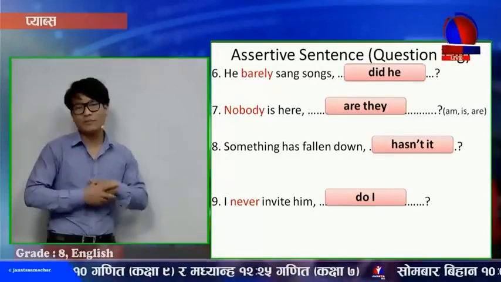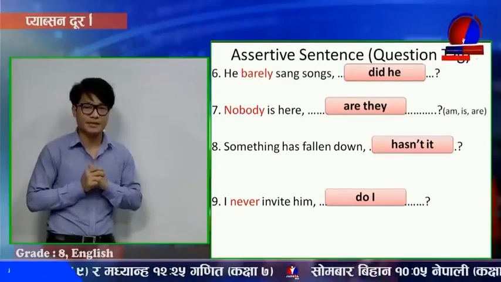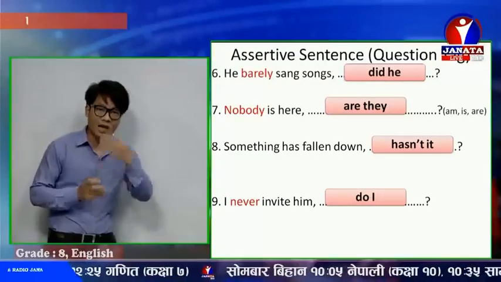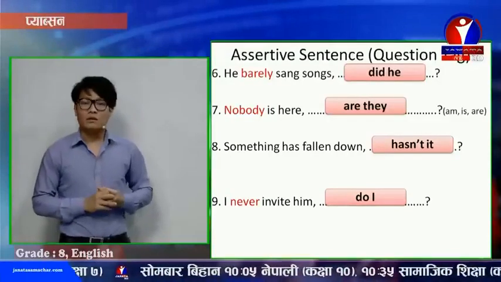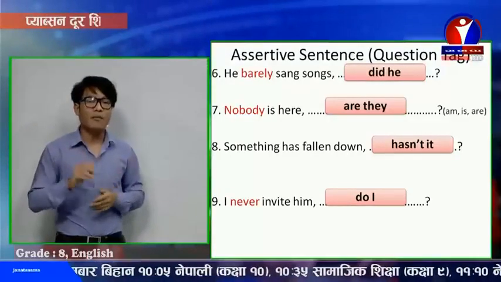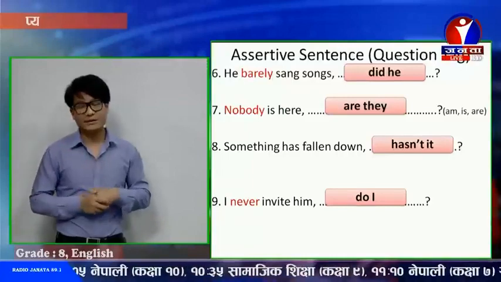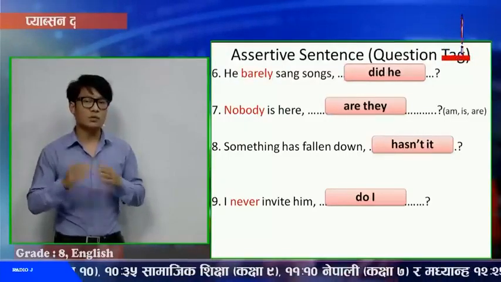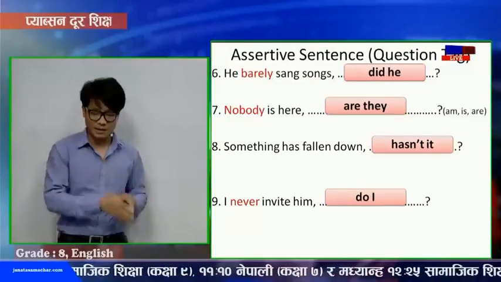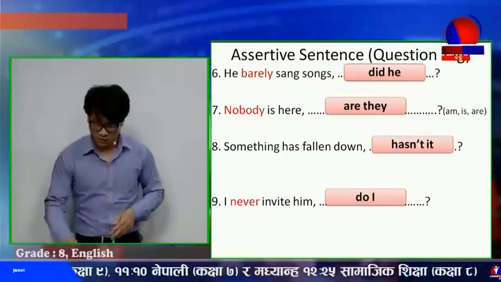Now it's time to start imperative sentences. I had told you that the sentence which starts with the main verb, verb 1, and ends with a full stop is an imperative sentence, which is used to command, order, request. Now let's make its question tag.